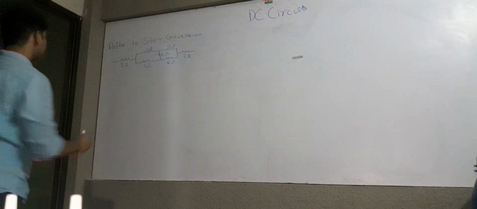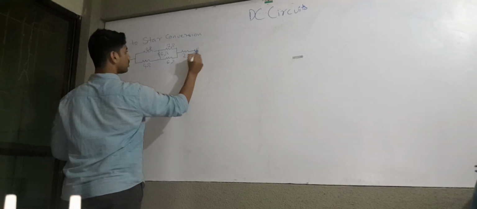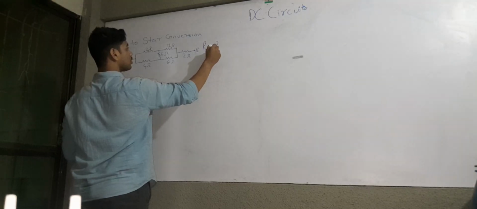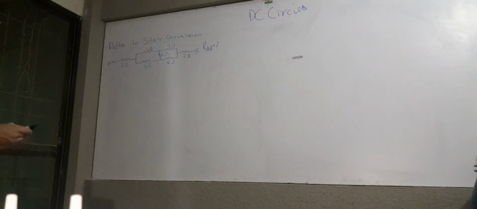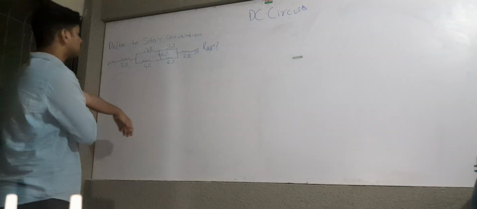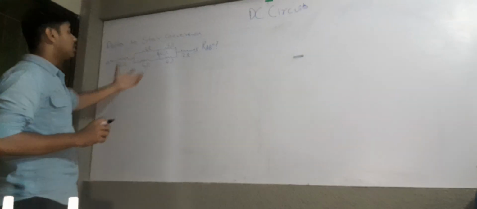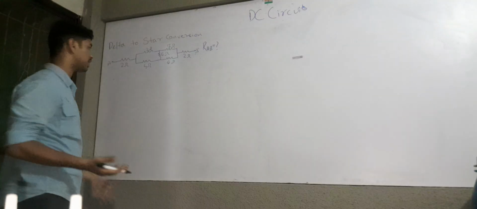We've got to find the equivalent resistance between A and B. So this is how questions tend to trick us. You might look at that it is a rectangular shape, but it is just a simple Wheatstone bridge attached to 2 ohm resistors on either side.